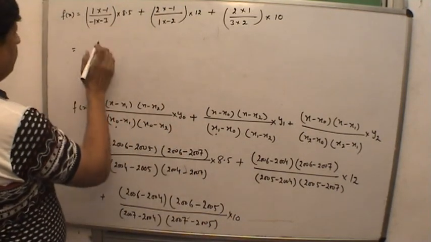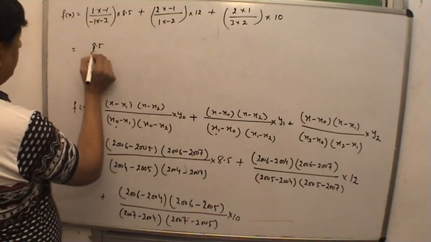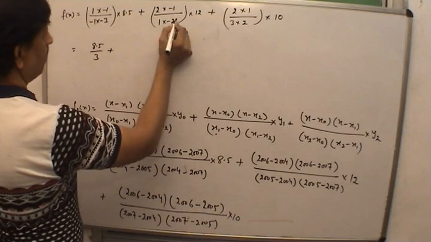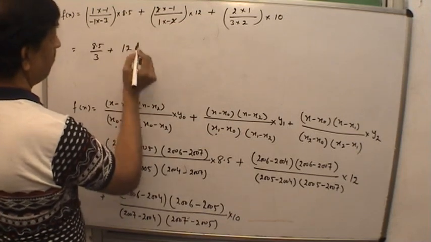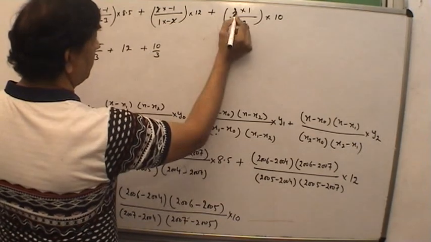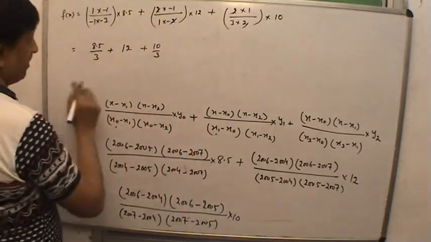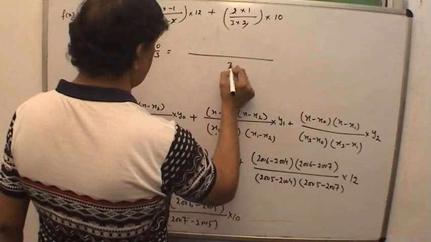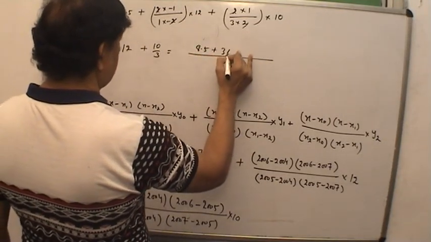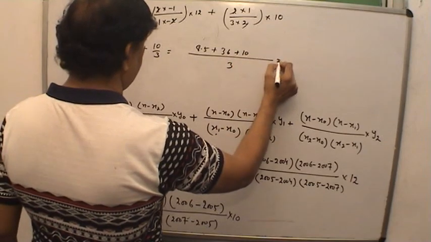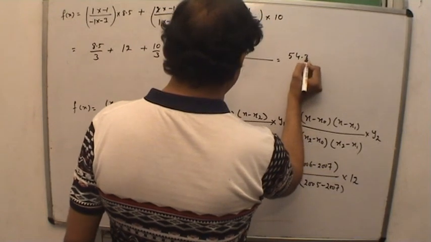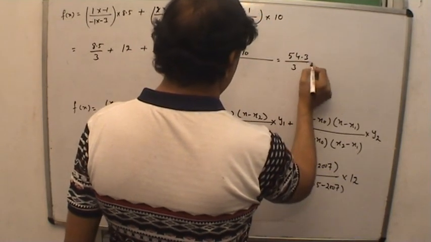That is equal to 8.5 divided by 3 plus 12 and plus 10 by 3. And we can take here LCM 3, the simple arithmetic, 3, 8.5 plus 36 plus 10. That is 54.5 divided by 3.